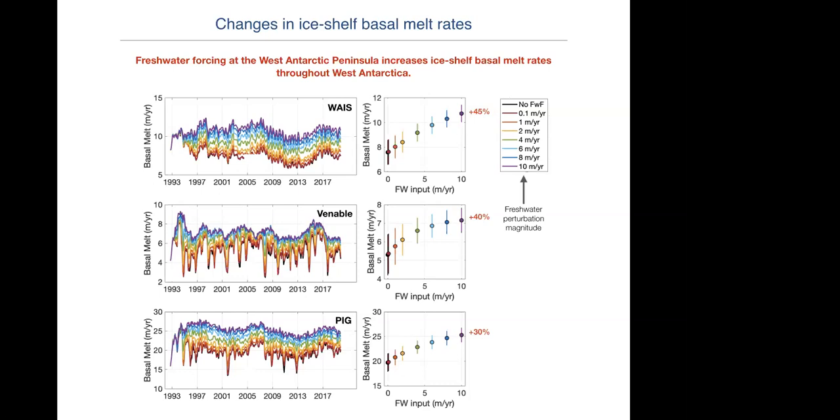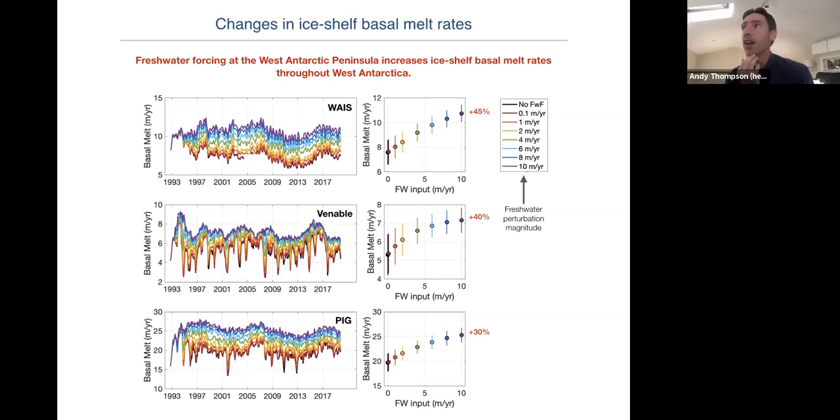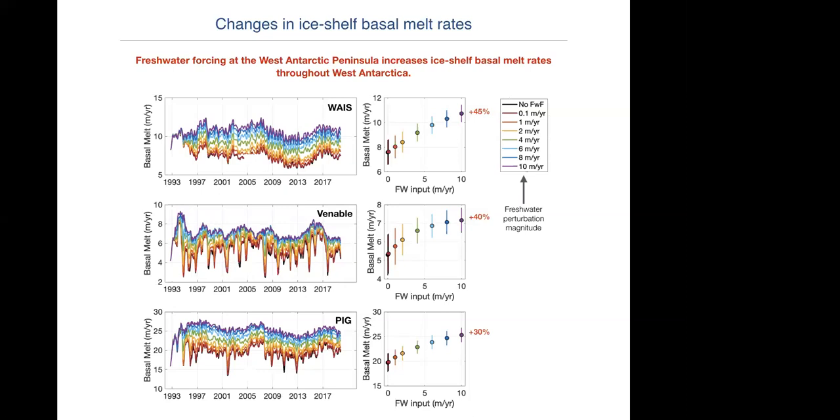So is there any relationship between the magnitude of your hosing experiment and what's really going on in the real world that might be causing the true, looks like decadal variability in that plot?